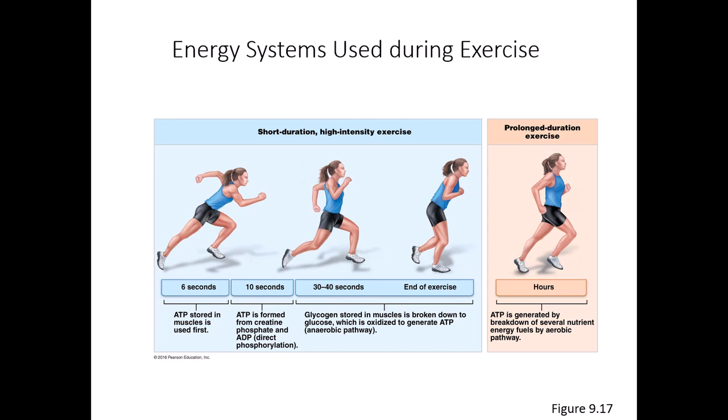And then a little bit later, for the duration, the glycogen stored in muscles is going to be broken down when oxygen is present to generate ATP. For prolonged duration exercise like marathon running, ATP is generated by the breakdown of several nutrient fuels by aerobic pathways. So some of those other acids or carbohydrates or sometimes proteins are going to be used for duration exercises.